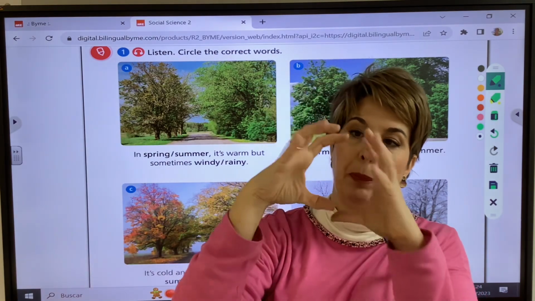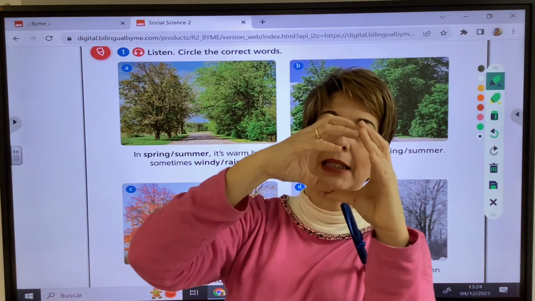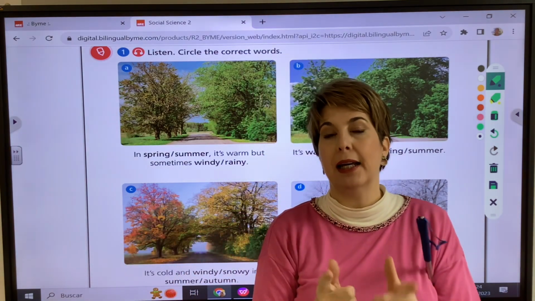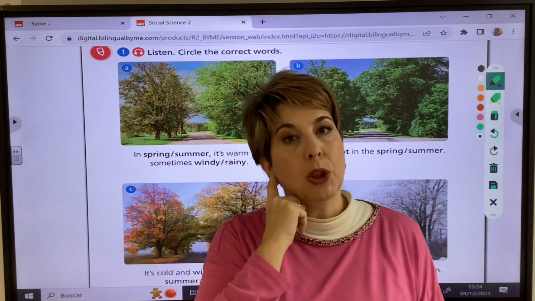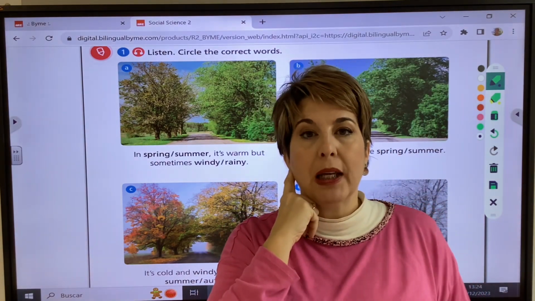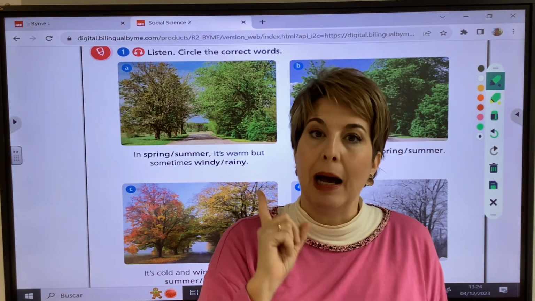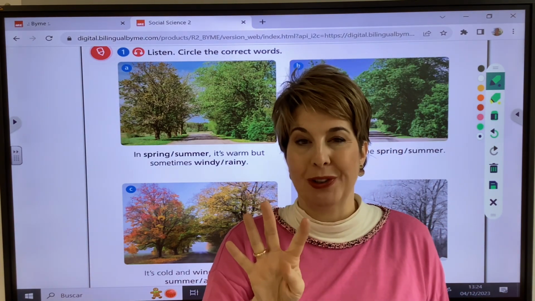And our planet is not like this, it's a little bit tilted. That's why we have the seasons. We studied that in year 1. We are going to listen to a recording that is going to give us the information about the 4 seasons.